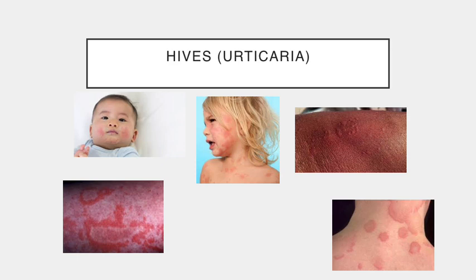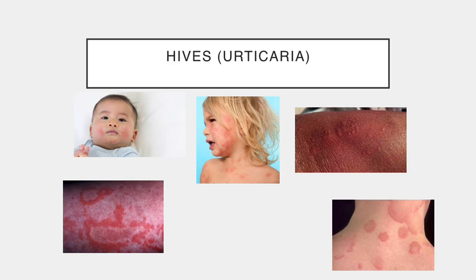Okay, and hives, again, any age group, you see this widely as a reaction. But it can also be chronic and idiopathic. And people will know if they have this chronic idiopathic urticaria.